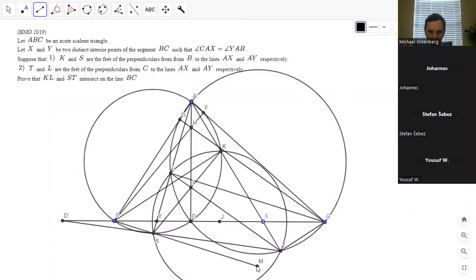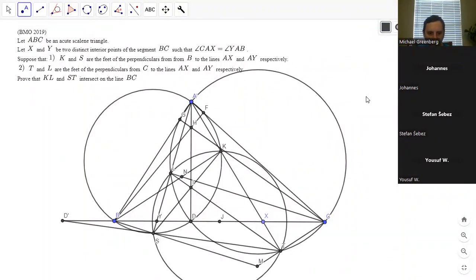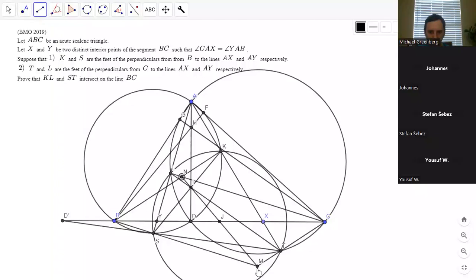BK and CM. Or BK and CL. Okay. And are these collinear? Looks like it. Yeah. So if we prove that they are collinear, then that implies that BC, TS, and KL are concurrent. Okay.